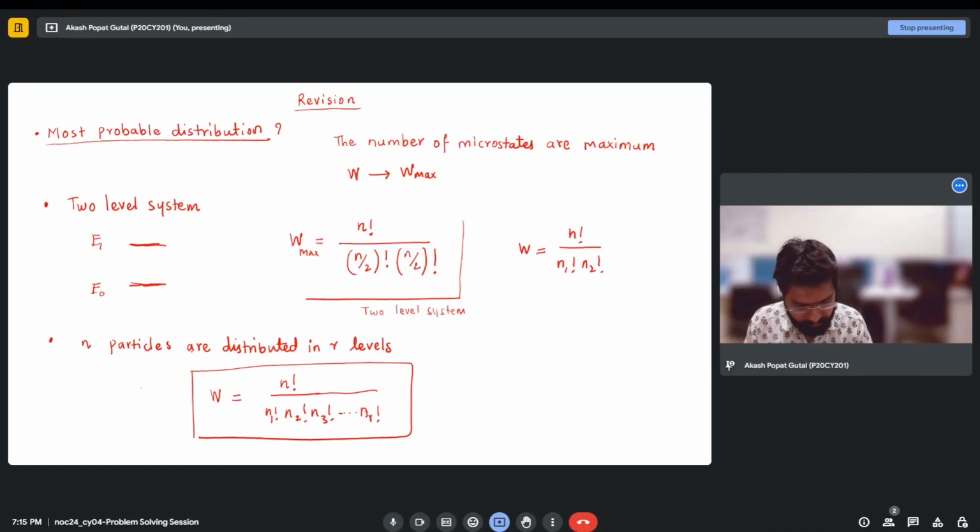For r-level systems, it is divided by the product of n1, n2, n3, n4 up to nr factorials. Let me add one more slide.